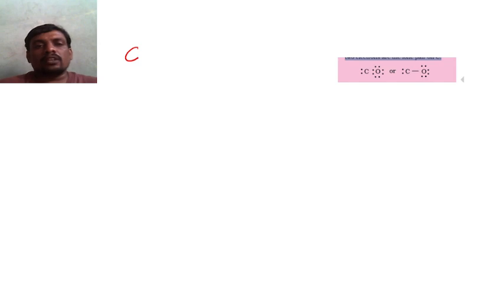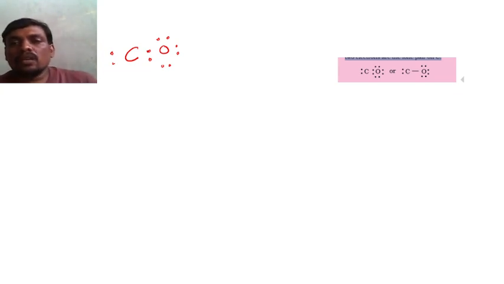Here I am drawing the diagram. Carbon, you can see the electronic configuration. Oxygen is generally an octet atom. Why? Because it follows the octet rule. Octet is nothing but 8 electrons generally present in its skeletal structure.